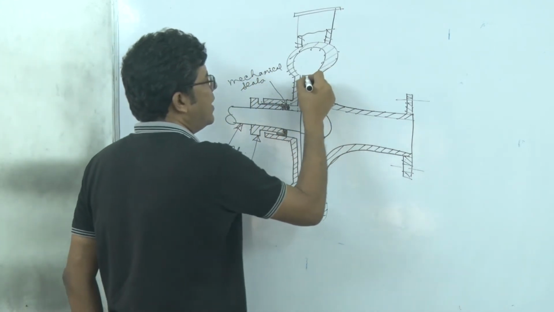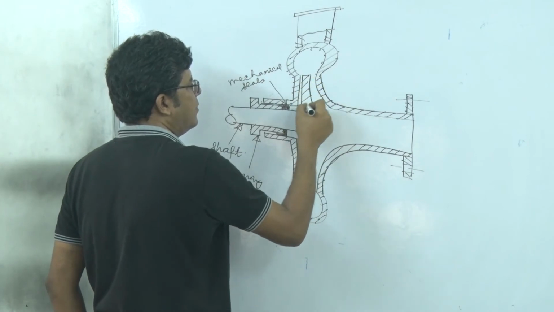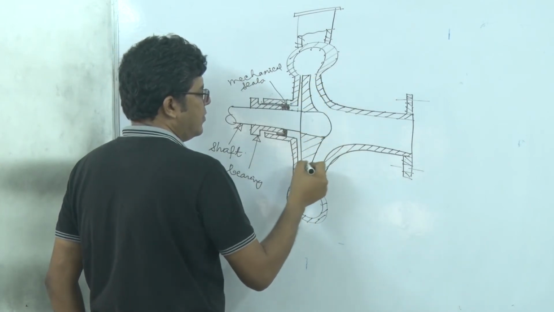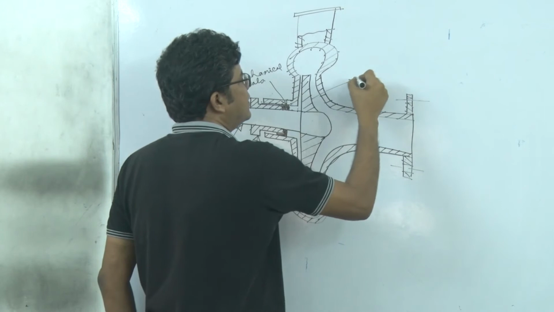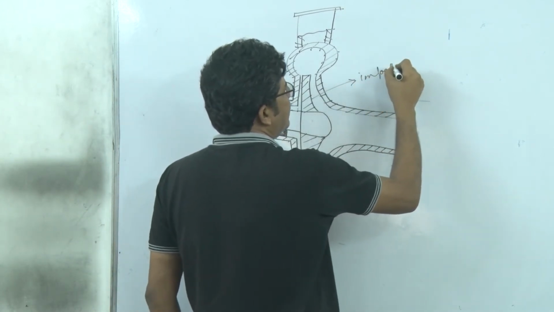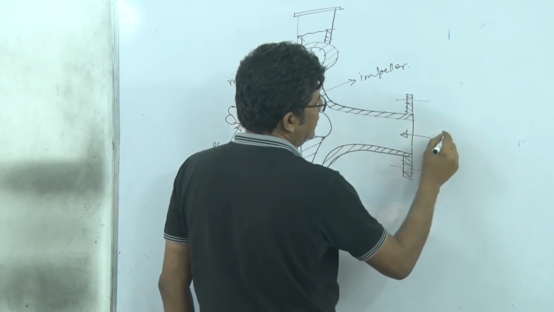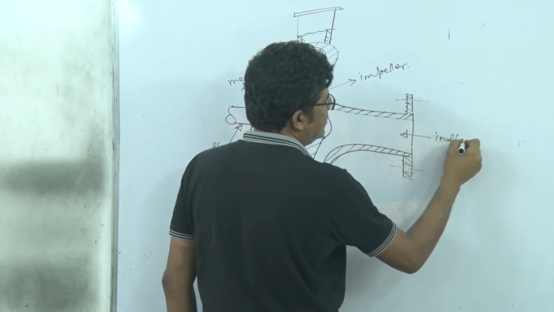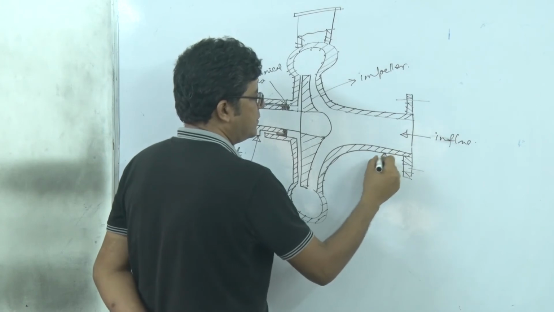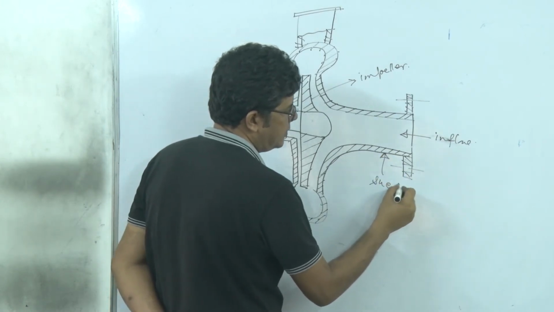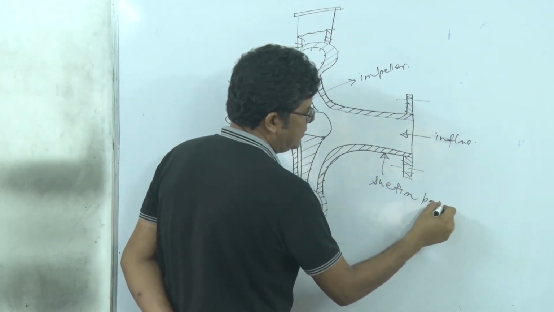This is the central part of this pump, centrifugal pump, which we call the impeller. That is the inlet or inflow. This is the suction pipe, or suction port rather.